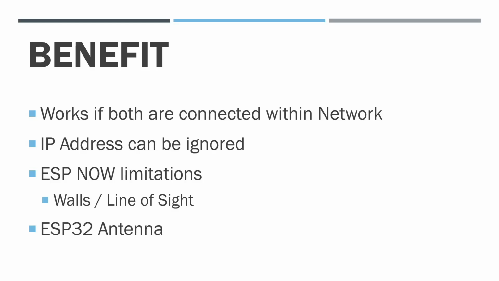So the benefit is that UDP transmission works when both are connected within a network. You don't specifically need an IP address. You can just send a general packet and it will be picked up on the other end. And if you have an ESP32, then you can add an antenna to your module also.